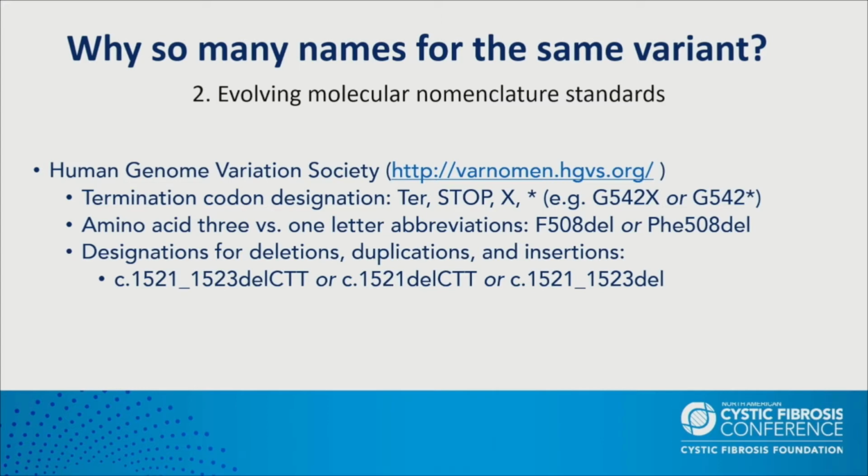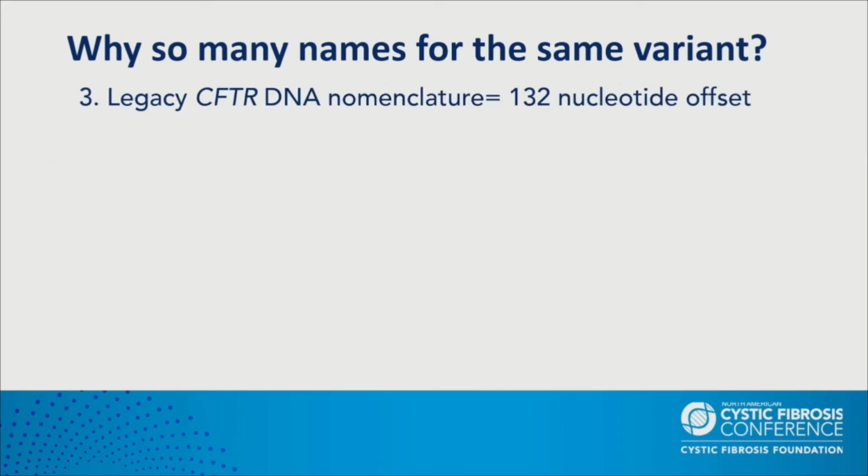So those are the 2 factors that are applicable to any gene that we're testing or describing. The last one that I'll talk about is special for CFTR. So with CFTR specifically, there is a legacy numbering scheme that also leads to different ways of describing the same change.